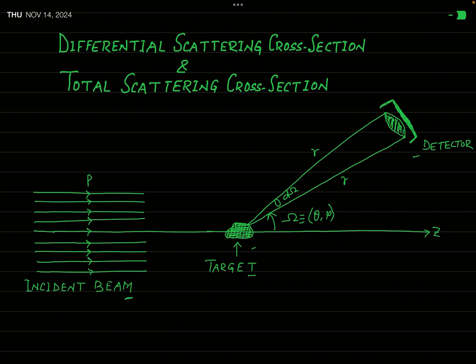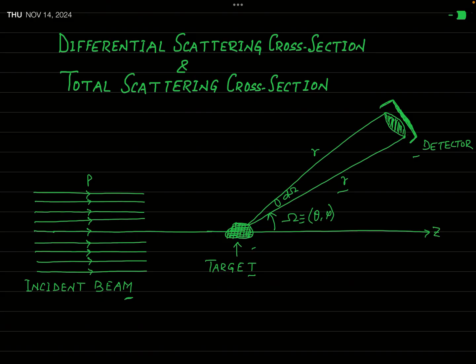Actually, this detector is placed at a very large distance from the target or the scattering center. As I have shown in this figure, the detector is placed at a distance r from the target. When you say that the detector is at a large distance from the target, what does it mean?